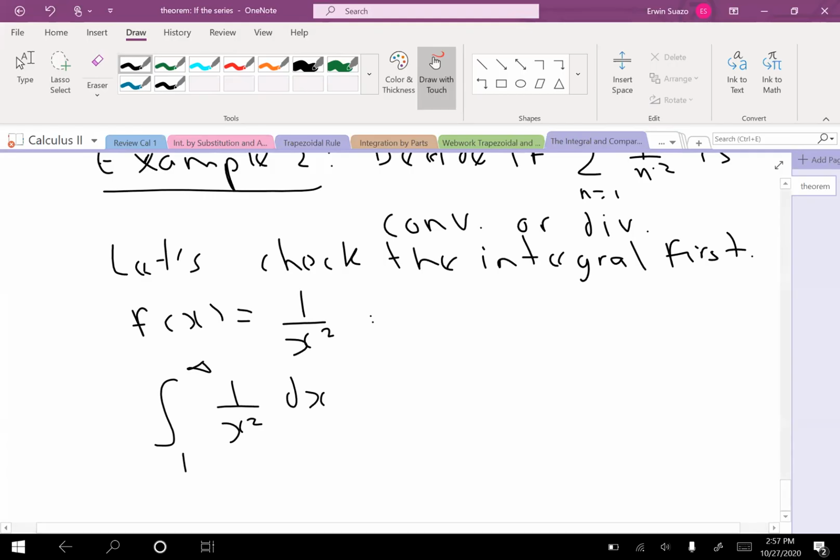That's what you need to do. If it's convergent, then the series is going to be convergent, if we prove the 3 conditions. But let's see first if we can do the integral, because sometimes the integrals are too hard. So why even bother to check decreasing or all those?